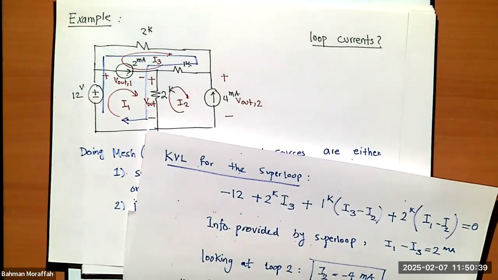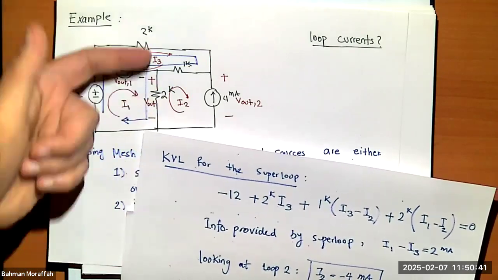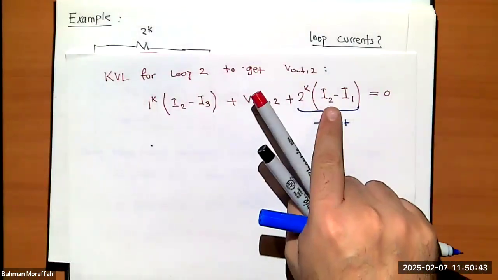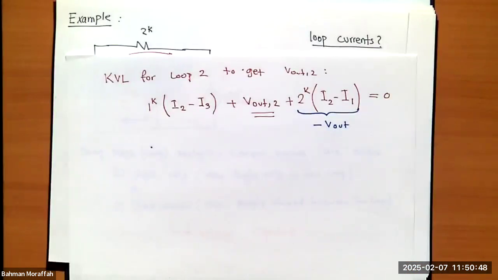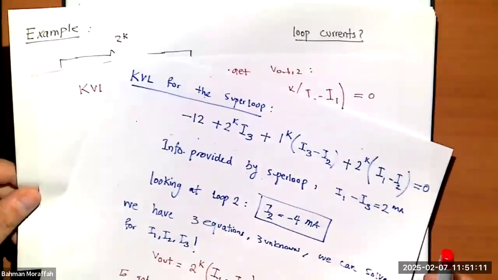But since I'm sticking to the direction that I had, this negative Vout is indicated over here by this negative sign down here. Right? So we don't have to worry about anything. As long as we have the correct assignment, meaning sticking to the assignment that we had, everything will work out. We don't have to worry about anything. Any question on this?